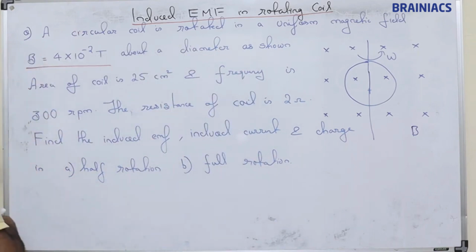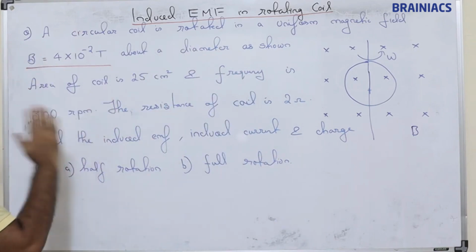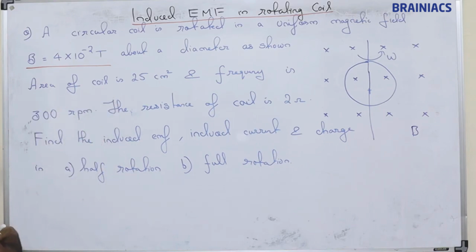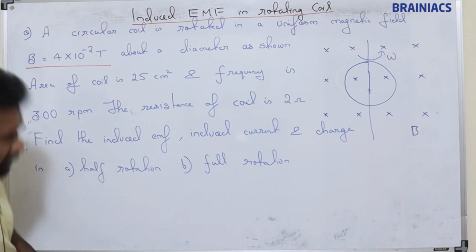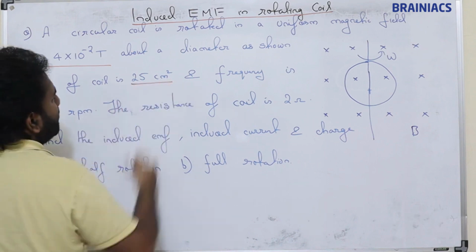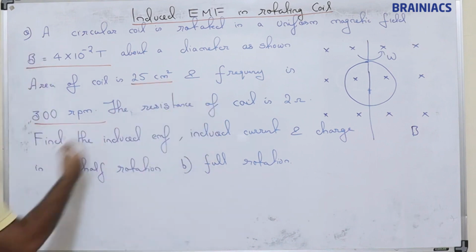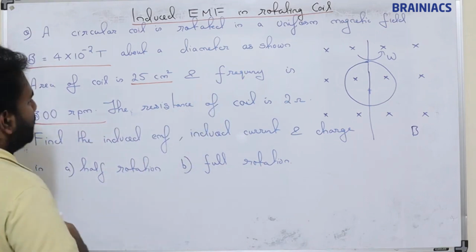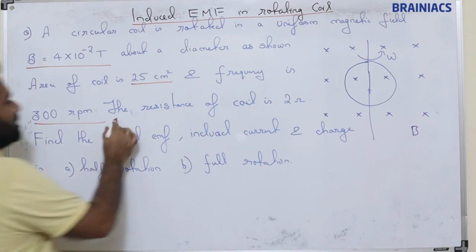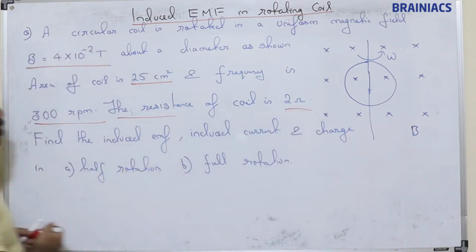A circular coil is rotated in a uniform magnetic field about a diameter, the area of the coil is given as 25 centimeter square, and the frequency is 300 RPM, rotations per minute. The resistance of the coil is given as 2 ohm.